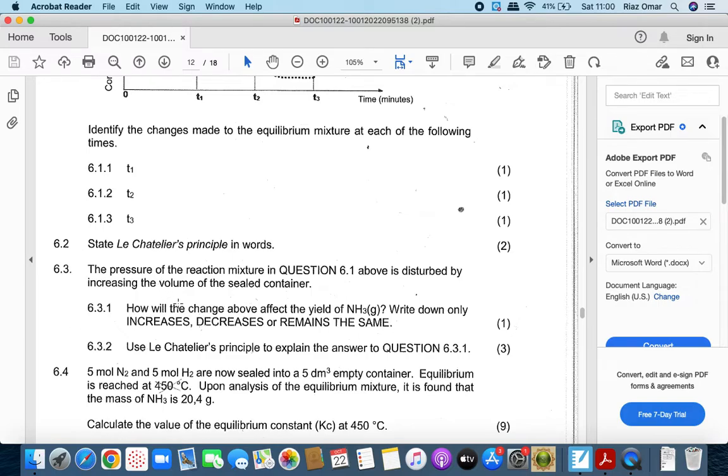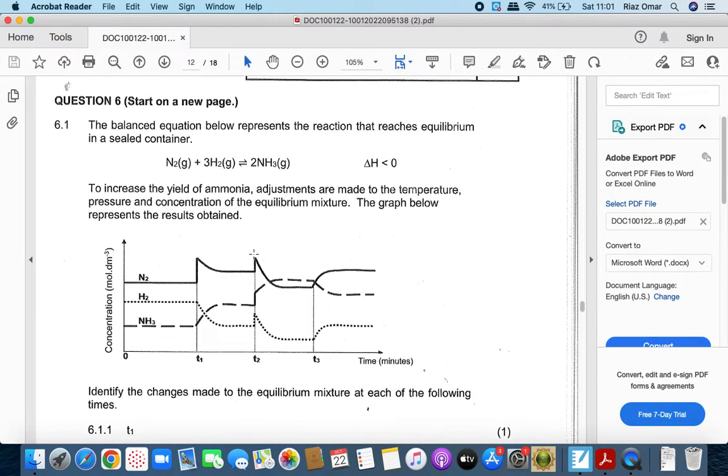So what we are saying is that if you increase the volume, you go to the reaction that has more moles or more molecules. So if you look at this here, the balancing numbers are 1 and 3. So the left side, the number of moles is 4, and on the right hand side, we've got 2. So which reaction will be favored?